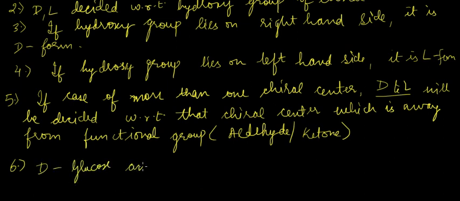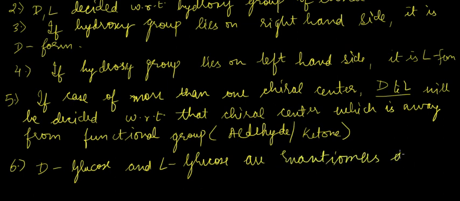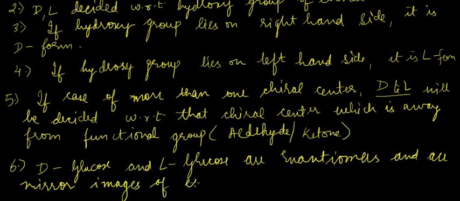So D-glucose and L-glucose are enantiomers and are mirror images of each other.